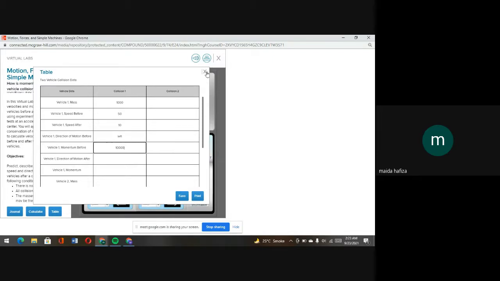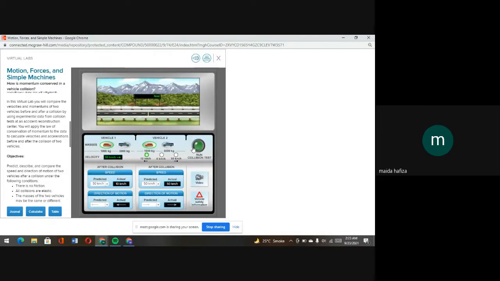Now that I have done one trial, I do it again by changing its mass to 3,000 and 3,000. I predicted the speed 10 kilometer and 10 kilometer. When they collide, one moves left and one moves right.